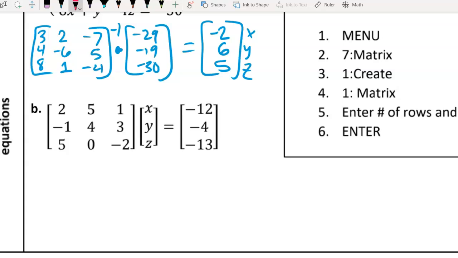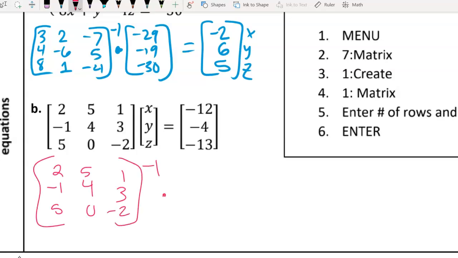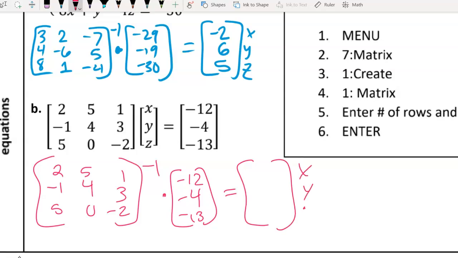All right, when you get done with that one, we are going to rearrange this. So we said it's going to be this first one. So 2, -1, 5, 5, 4, 0, 1, 3, 2. It's going to be this to the -1 times what's on the outside there. That's going to give you x, y, z.